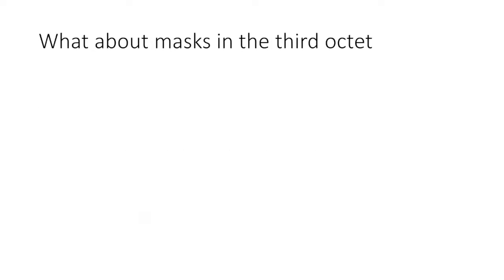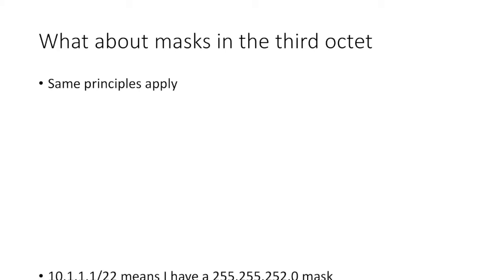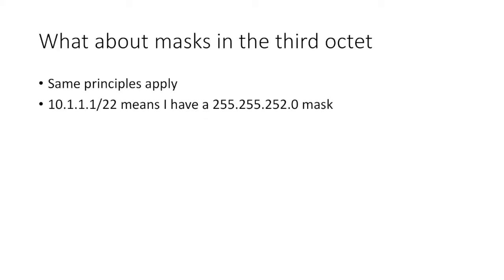So that was just looking at the variations of mask values in the fourth octet. Sometimes you'll see the third octet also being used in the subnet mask. Basically the same principles apply. So if we have a 10.1.1.1/22 address, that tells me I have a 255.255.252.0 mask.